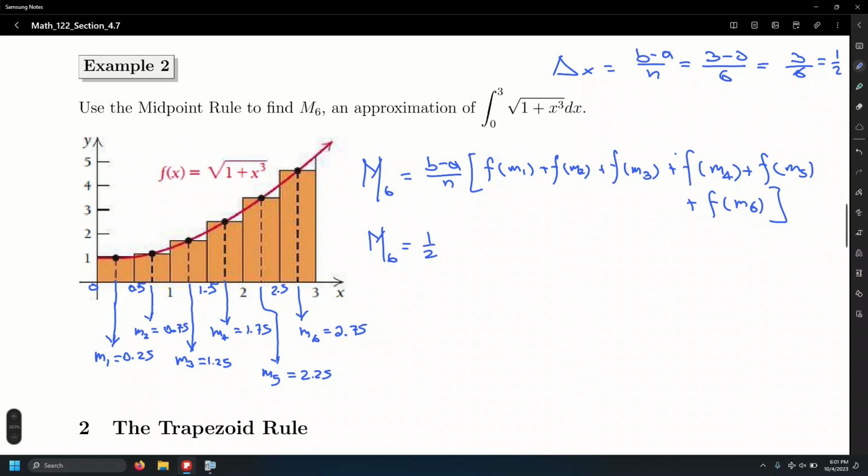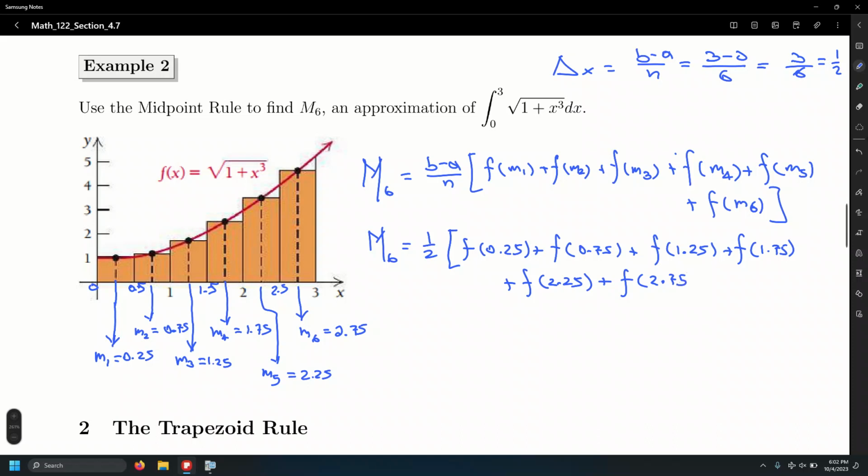That's 1/2 times f of, let me substitute the values. f of 0.25 plus f of 0.75 plus f of 1.25 plus f of 1.75 plus f of 2.25, and lastly plus f of 2.75. Close parentheses and close the bracket.